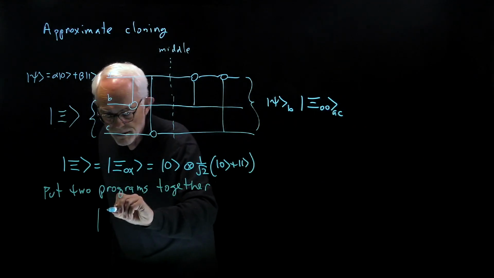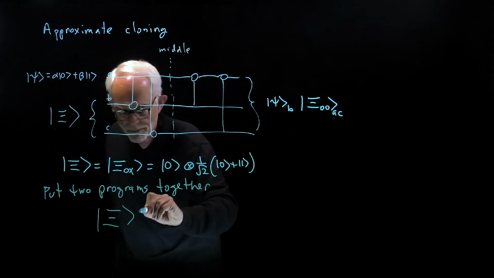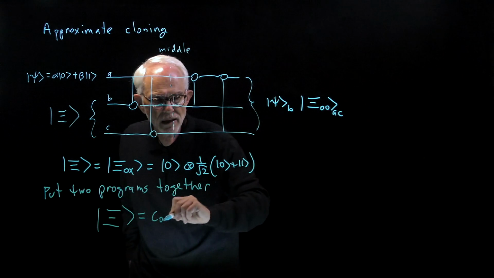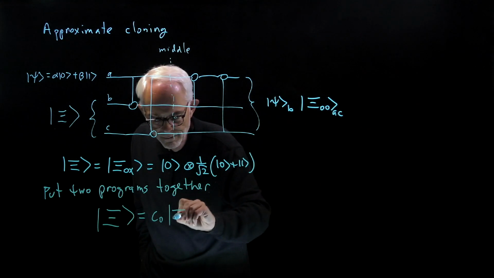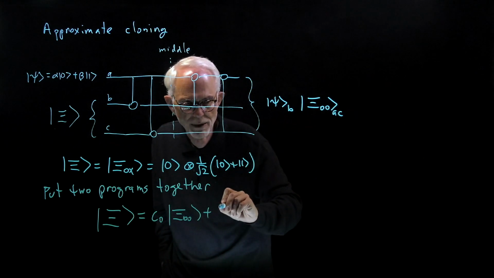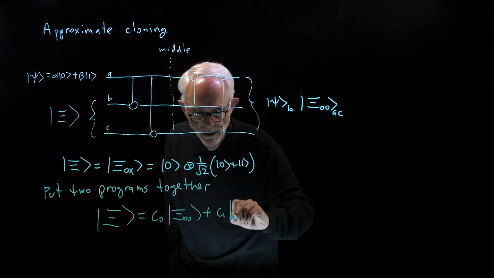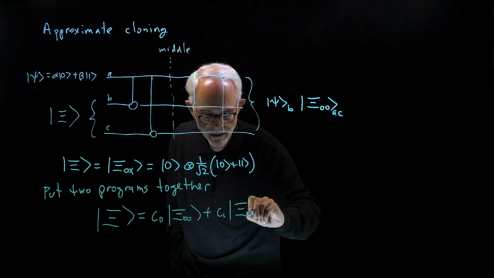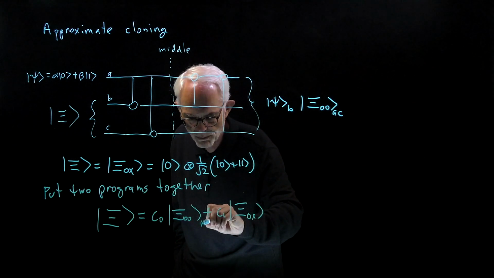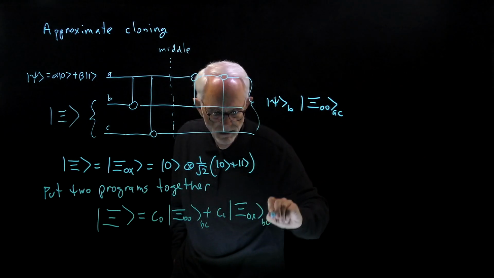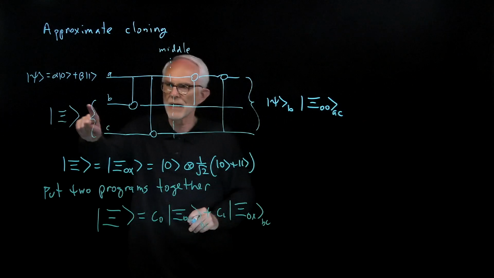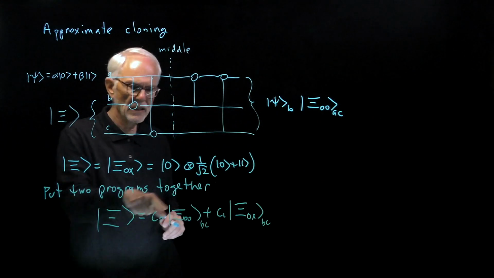My new program is just going to be equal to some constant C0 times the first program plus some constant C1 times the second program. I should probably put these C's in down here. So that's what we're going to put in: the psi, and this program state.